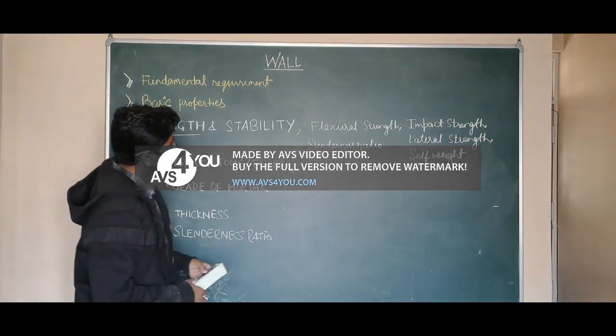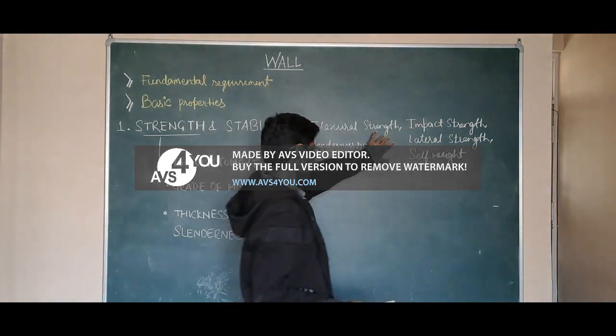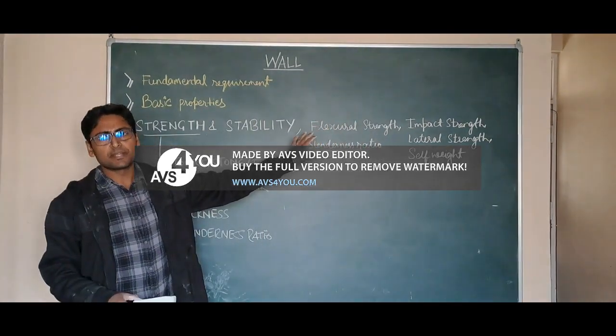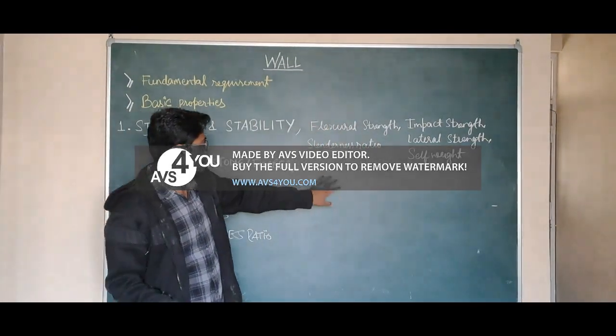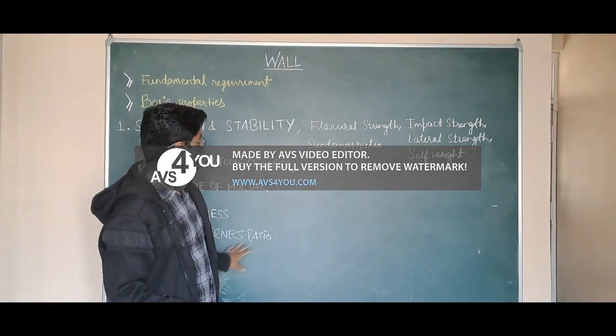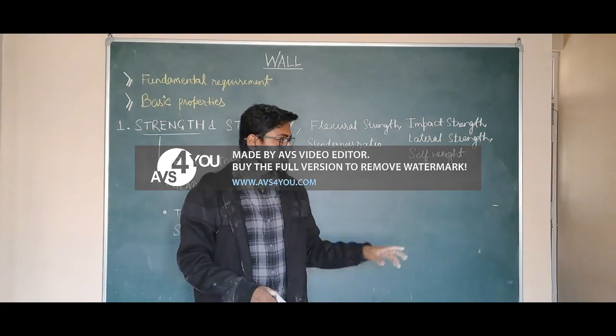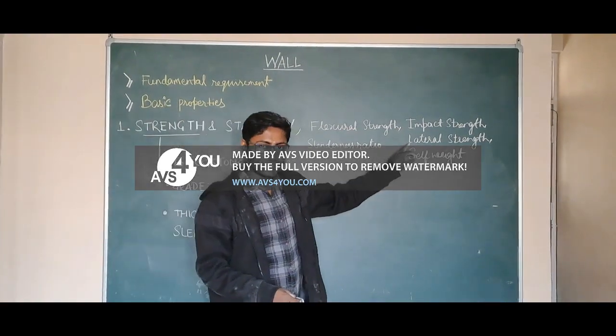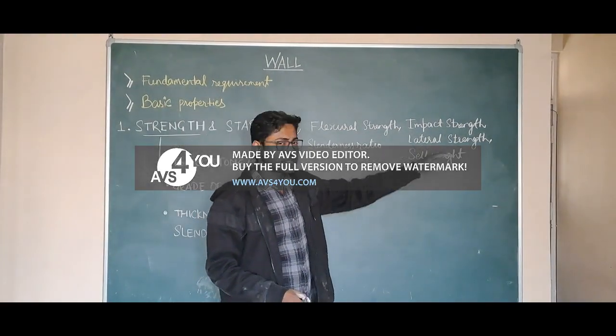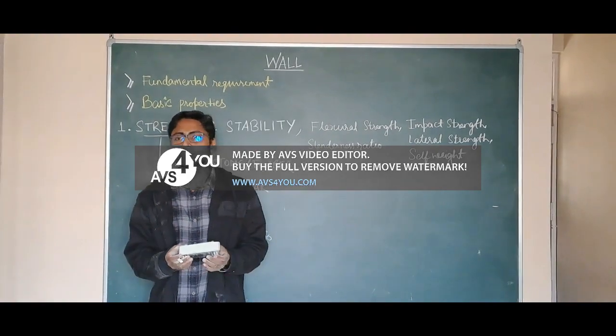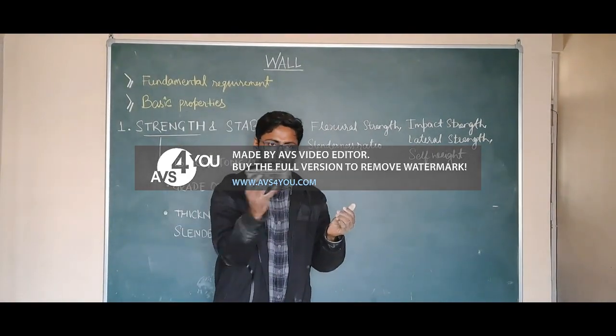Another thing is the flexural strength, that is, bending strength. We will not discuss each and every detail. Slenderness ratio we already discussed. Impact strength: if we have impact force, that also matters. Lateral strength: for example, in case of high wind or earthquake, the building will move like this.